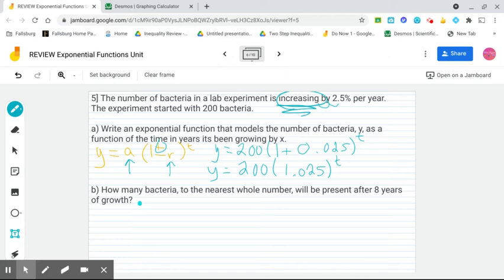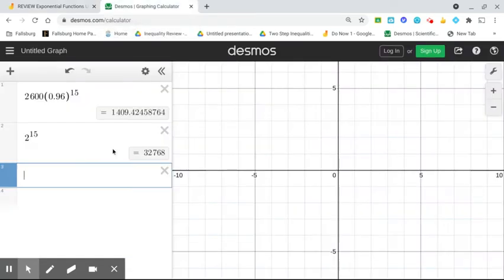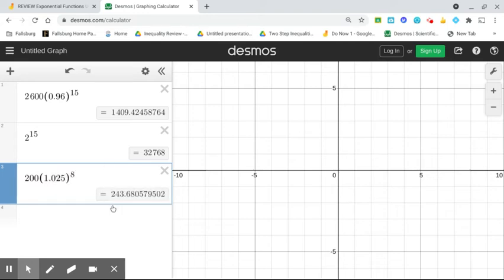So now it's asking how many bacteria to the nearest whole number will be present after 8 years. So we want t to be equal to 8. So we have 200 times 1.025 to the power of 8.